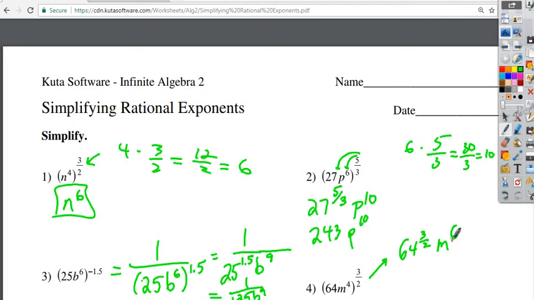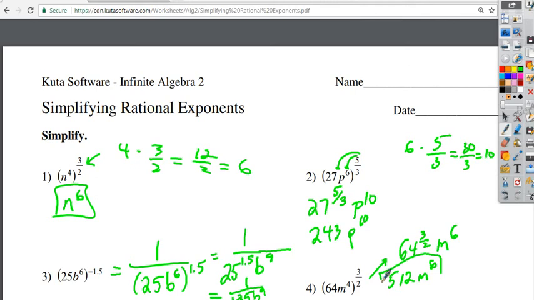We shouldn't have to write that out. 4 times 3 is 12. 12 divided by 2 is 6. That does not require you to show work. All right, so then put 64 to the 3 over 2 in the calculator and see what you get. 512. So 512 m to the 6th is the final answer.